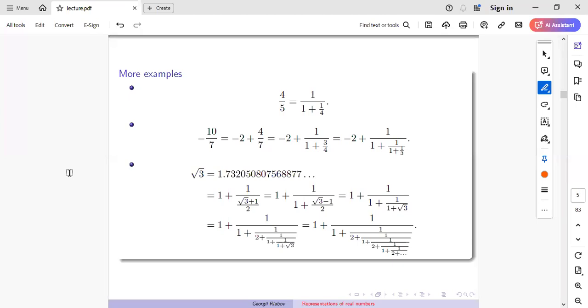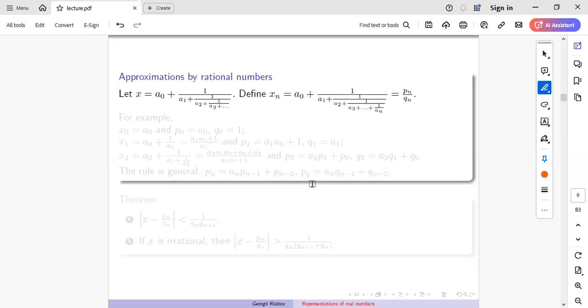So why are continued fractions important? Because they provide good approximations of real numbers by rational numbers. If we have, let's say, an irrational number x, which is represented as an infinite continued fraction, if we stop at some position an, we get a rational number xn.